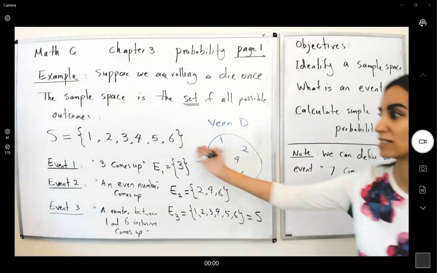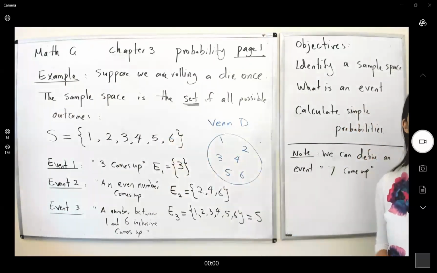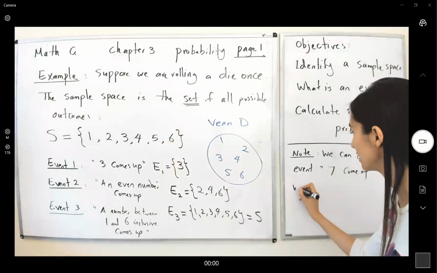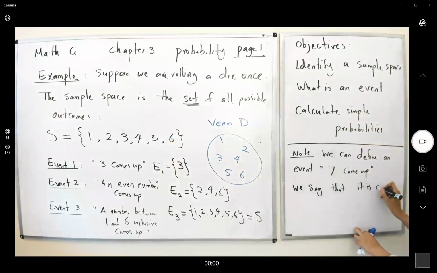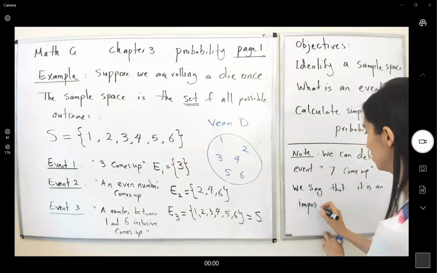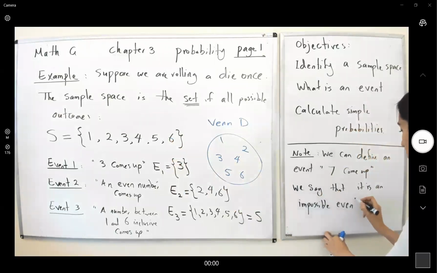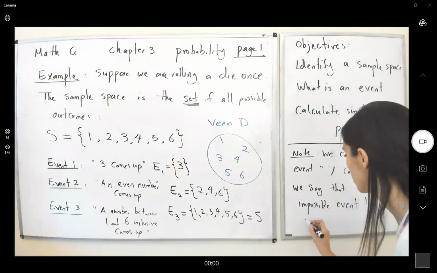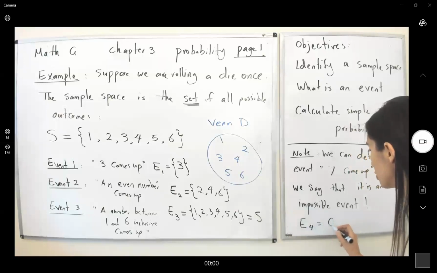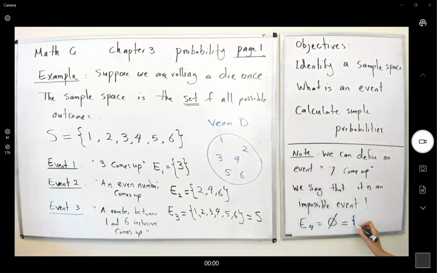Do you have 7 here? It's an impossible event. An impossible event is denoted by the empty set. So this event, you can call it E4, which is the empty set, or if you remember, you can use curly brackets with nothing. Of course, the subset of any set, but this is impossible.